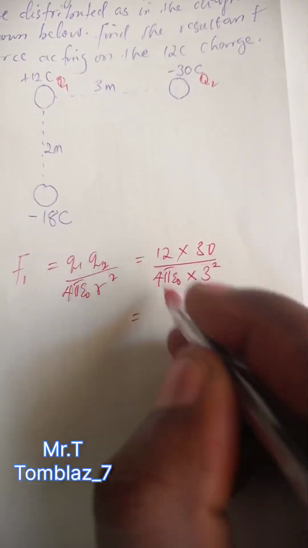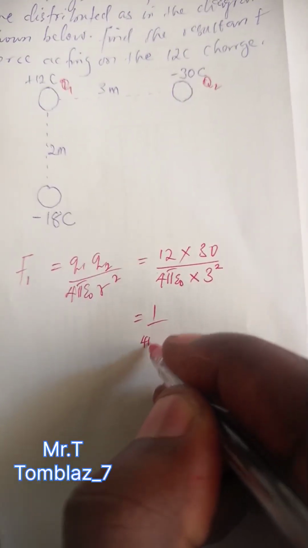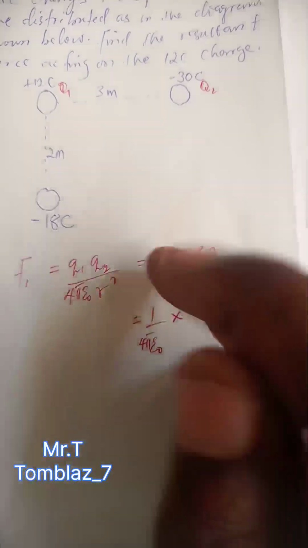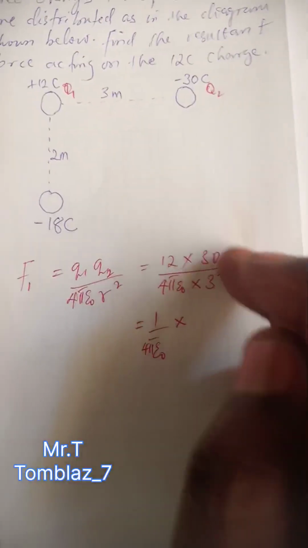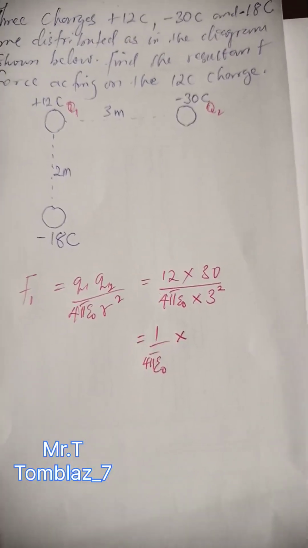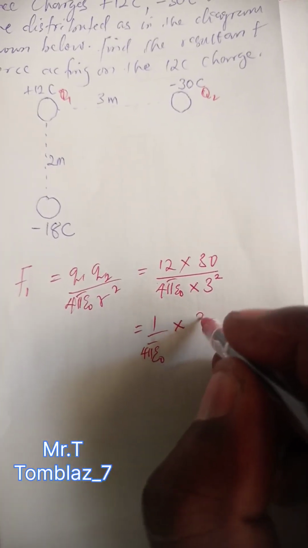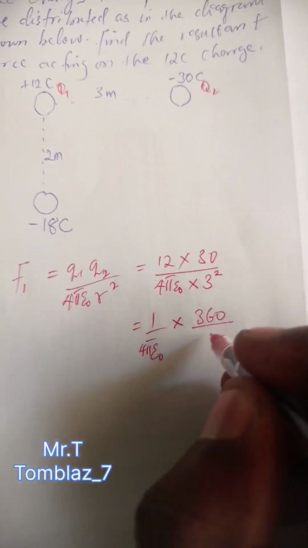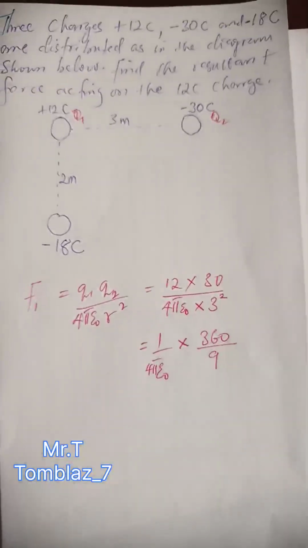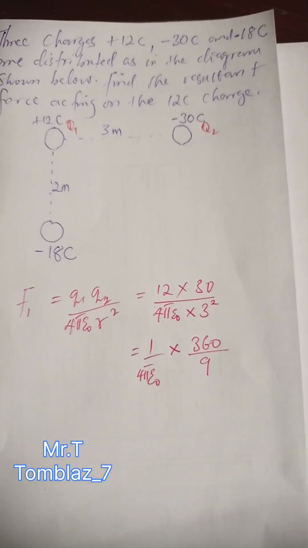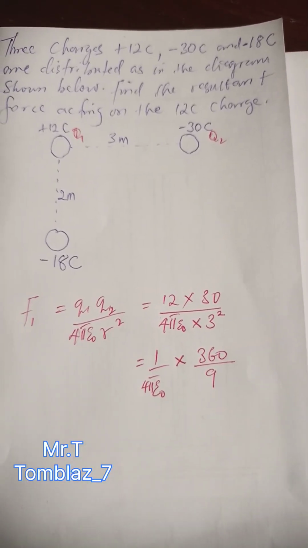Let's note that this can be separated as 1 over 4 pi mu naught times, so let's multiply these two. 30 times 12 will give you 360, divided by 9. But then 1 over 4 pi mu naught is a constant.